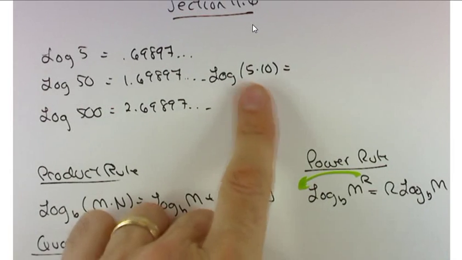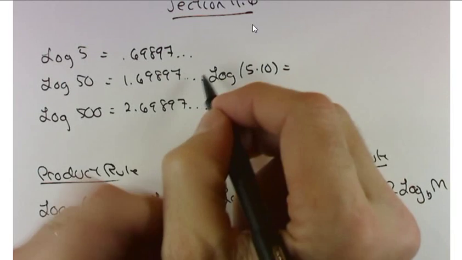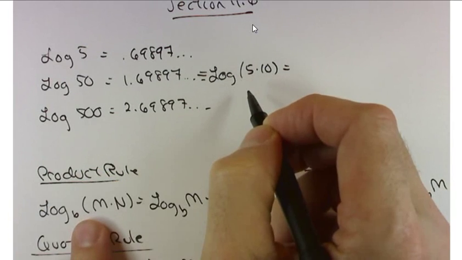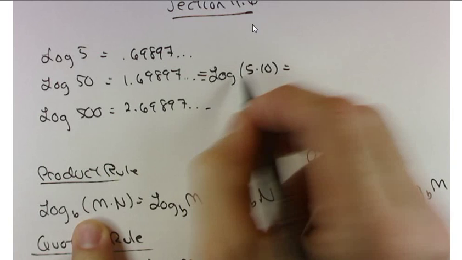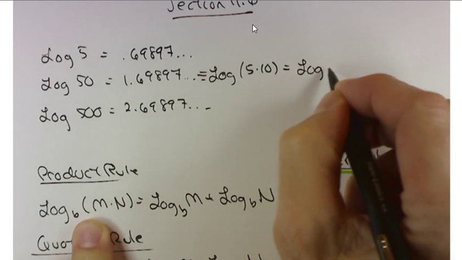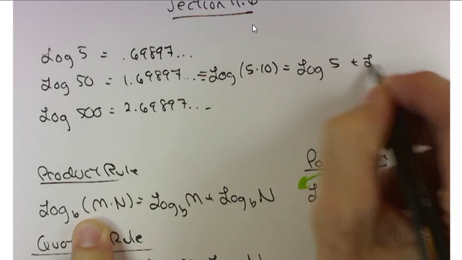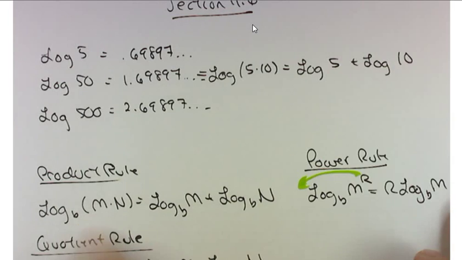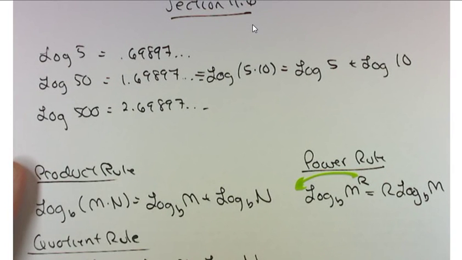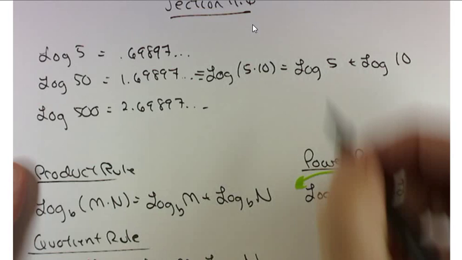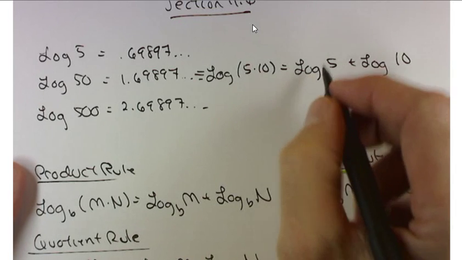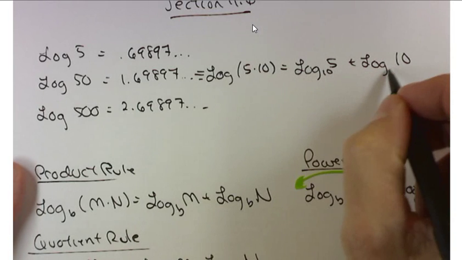So this property of log says I can rewrite this as the log of 5 plus the log of 10. Okay. What base is understood to be here? 10.